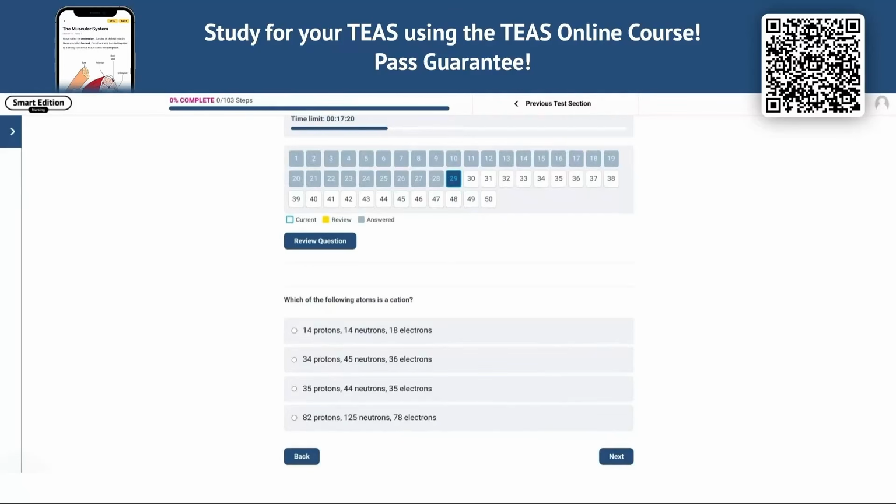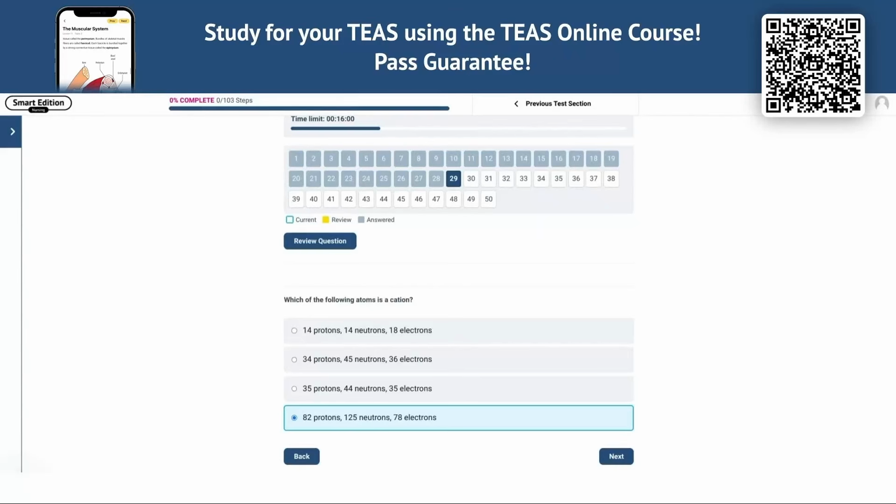So which of the following atoms is a cation? Okay, the correct answer here is D, 82 protons, 125 neutrons, and 78 electrons. So a cation is an ion that has a positive charge, which means it has more protons than it has electrons. So when an atom loses electrons, it becomes positively charged because protons, which are positively charged, outnumber the electrons, which are negatively charged.